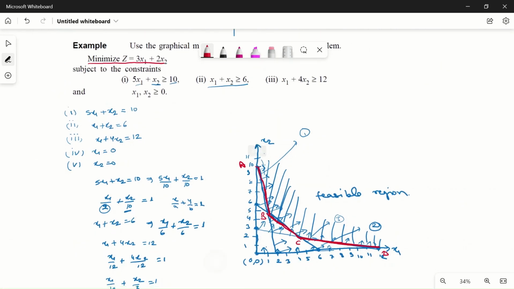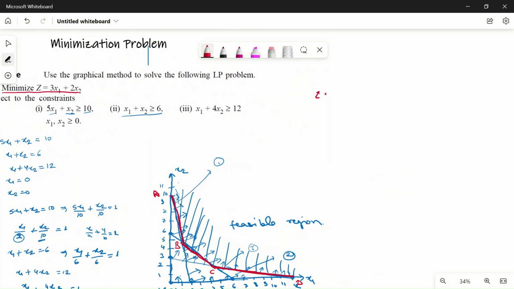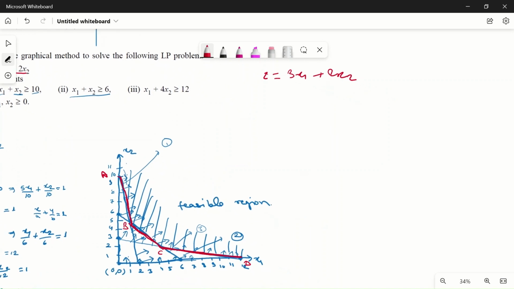What is Z? We will write it again. Z is equal to 3x1 plus 2x2. Okay, and what is point A?